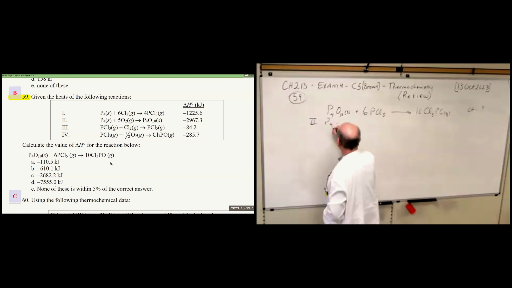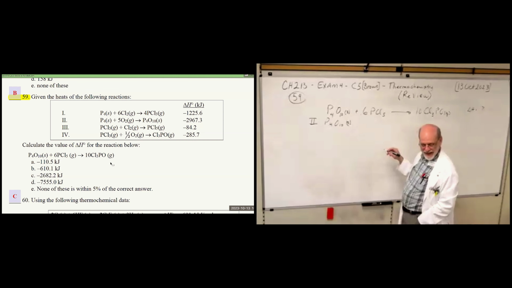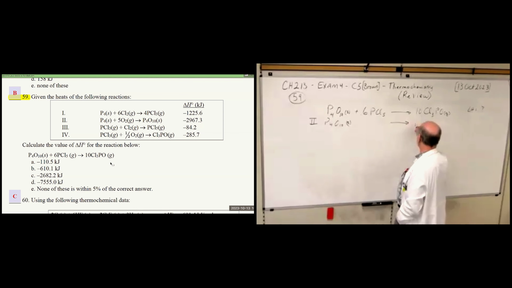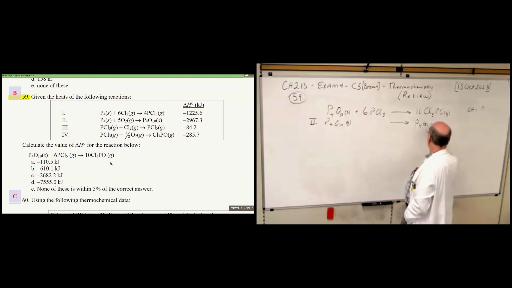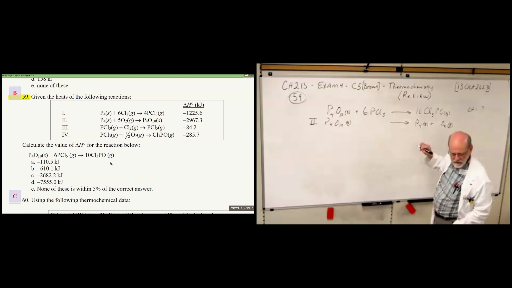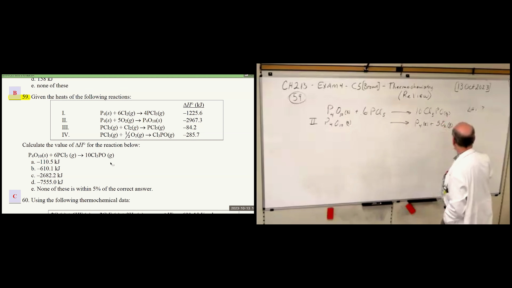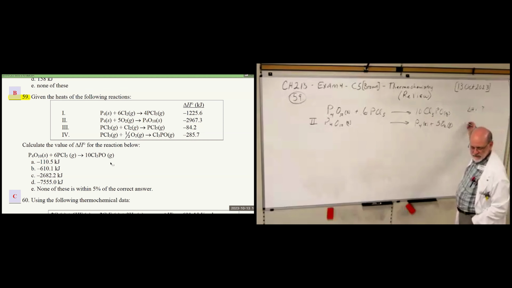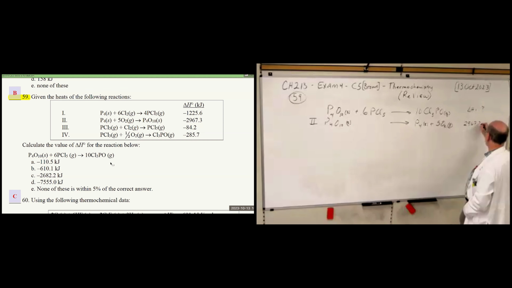So we got this P4O10 solid, and we're going backwards to P4 solid plus O2, meaning 5. And now the delta H is going to be positive 2967.3 kilojoules.